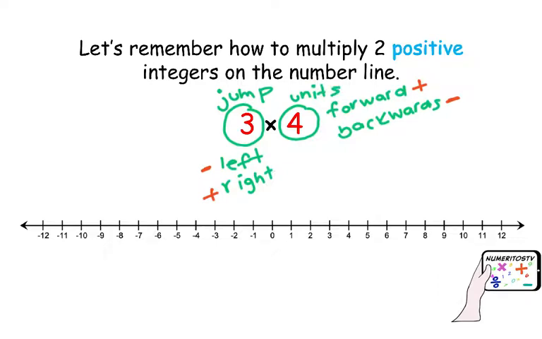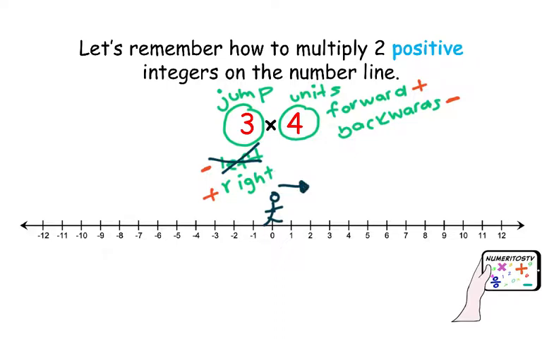Okay, so let's start at 0. So we are standing here at 0 and it says 3 times 4. So 3 is positive. That means that I am going to make those jumps to the right. So I'm facing to the right.